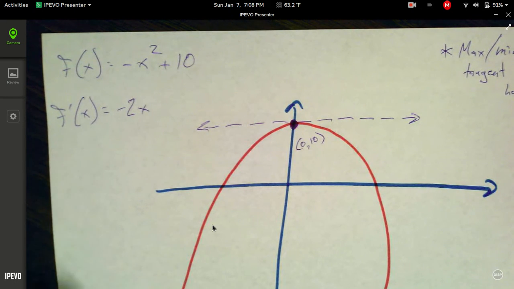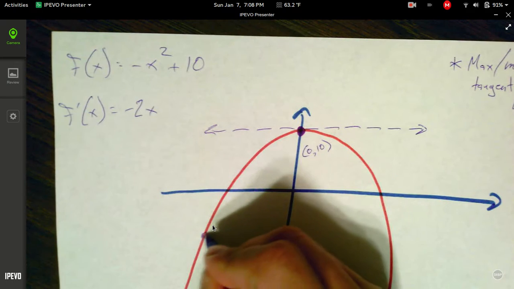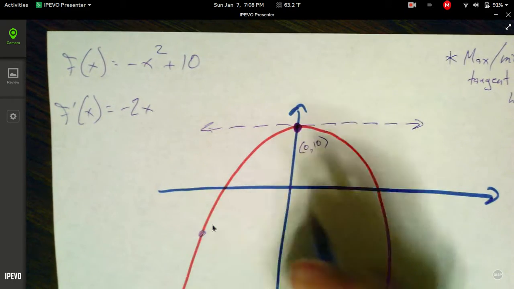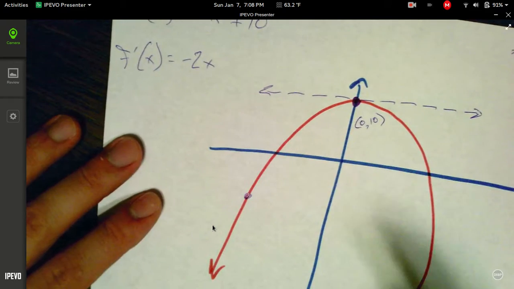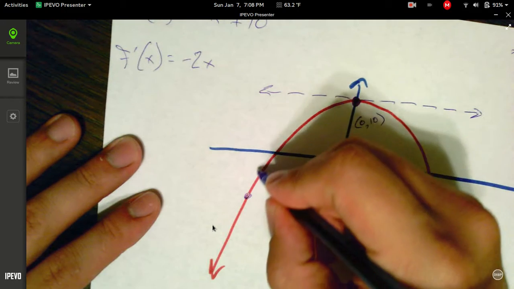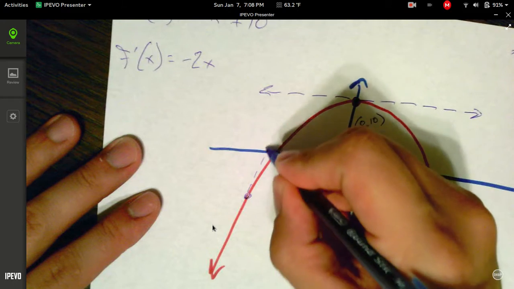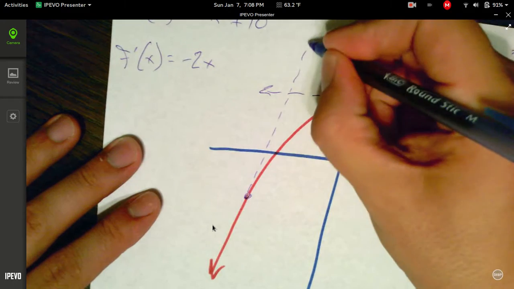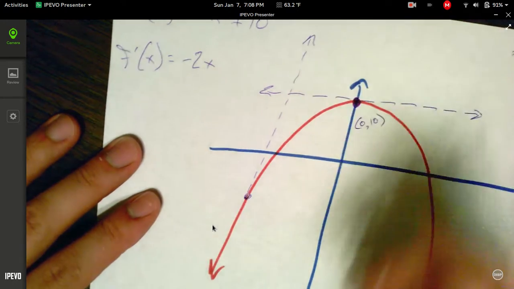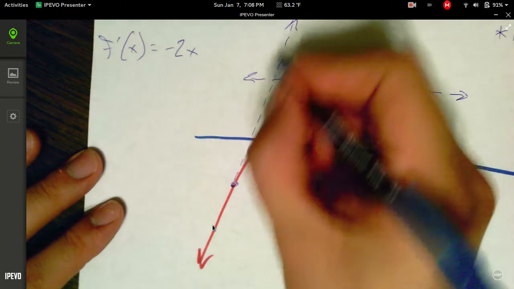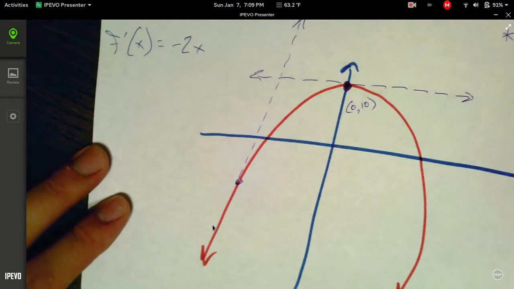Let's actually graph it. If I take this point right here and find the tangent line at that point, so we're moving up the graph, I'm going to end up with something that looks kind of like this. This has a positive slope. Same thing here.